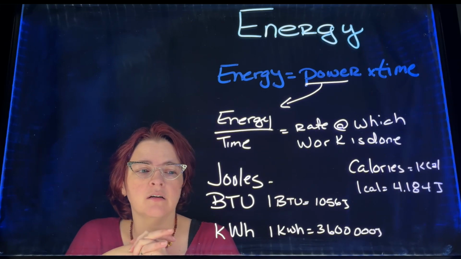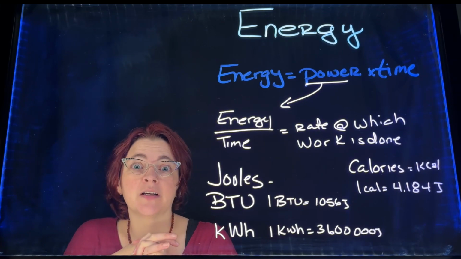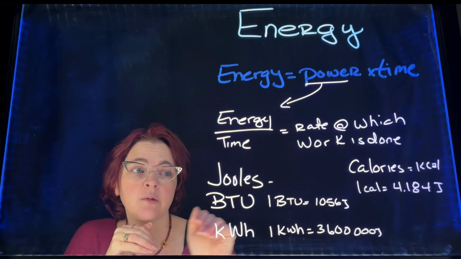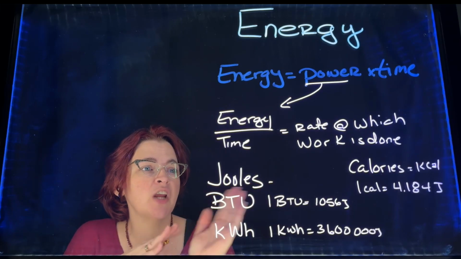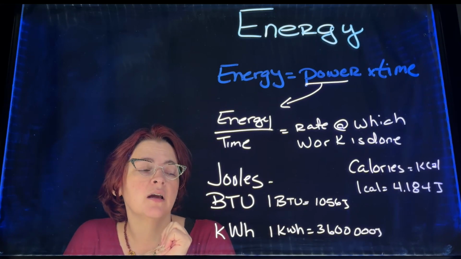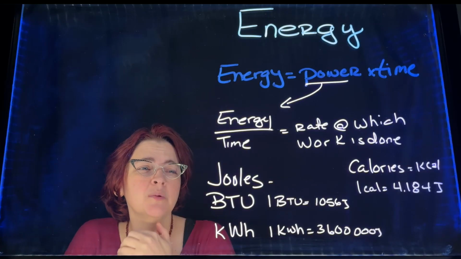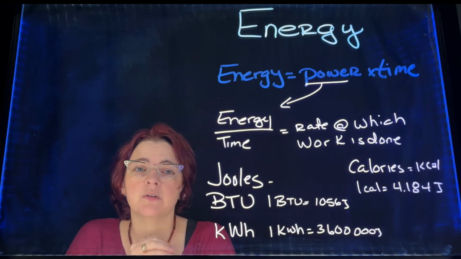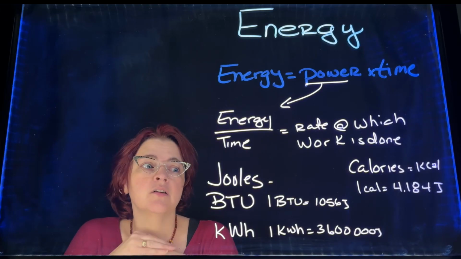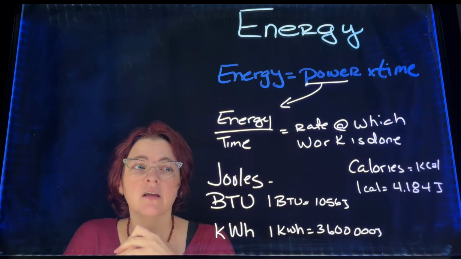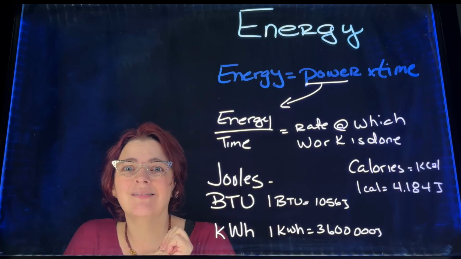When you're looking at how much electricity you've used, a lot of times it's done with kilowatt hours. So you might have to convert between joules and BTUs, or BTUs and kilowatt hours, that sort of thing. So be on the lookout for some math problems involving changing between these units.